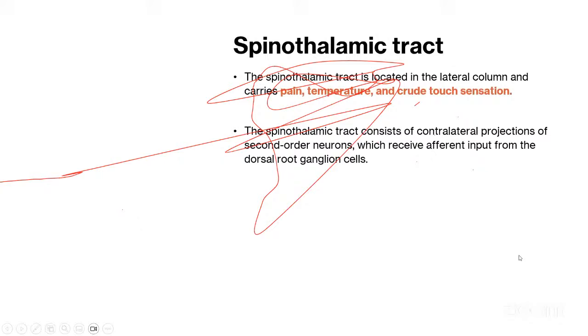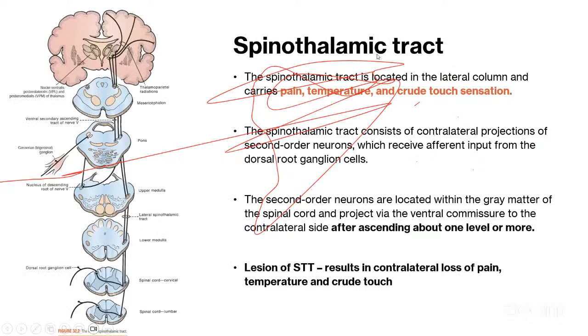Next, going into the spinothalamic tract. The spinothalamic tract is located in the lateral column of the spinal cord. It carries mainly pain, temperature, and crude touch sensations. It consists of the contralateral projection of second order neurons, crossing at the level of the spinal cord, which receive afferent inputs from the dorsal root ganglia.